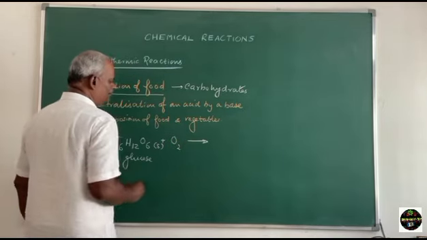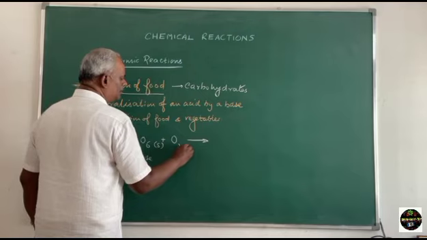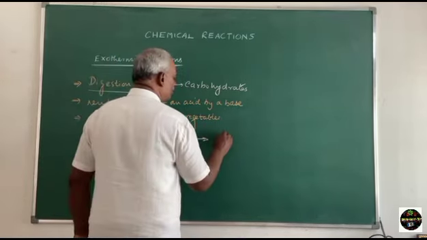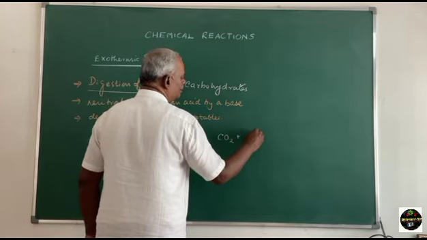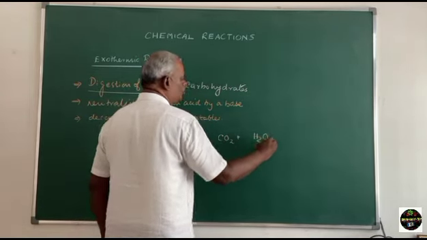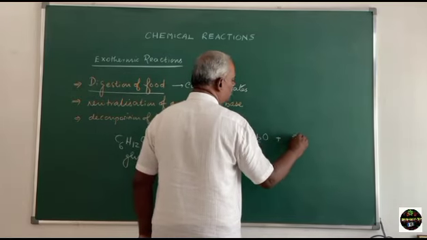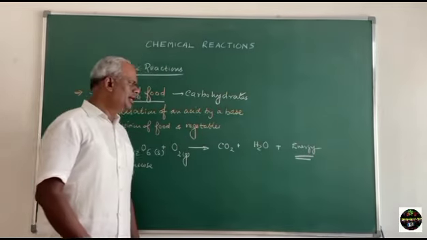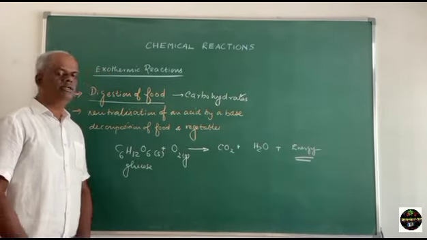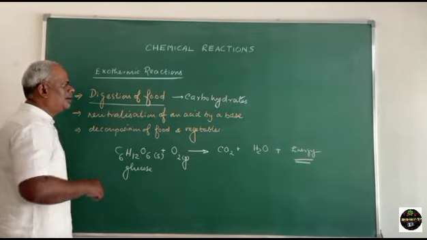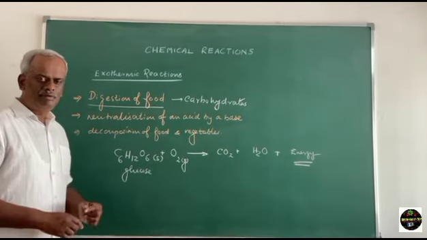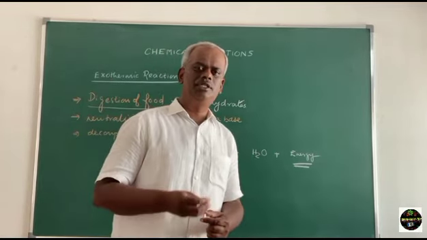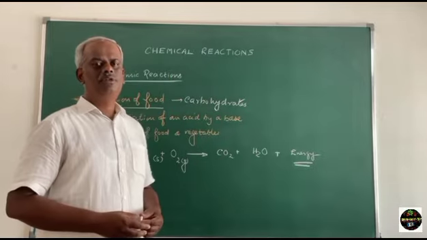During its digestion, while burning this with oxygen gas, we get carbon dioxide and water, H2O. In addition to that, energy is released. Here the energy might be in the form of heat, and hence it's the best example of an exothermic reaction. Wherever in a reaction heat energy is released, it's an exothermic reaction.